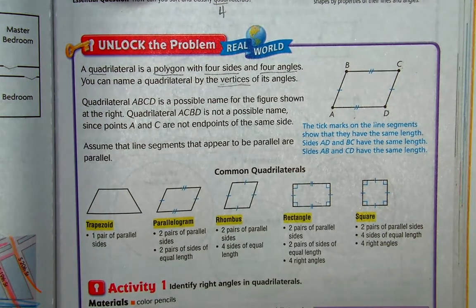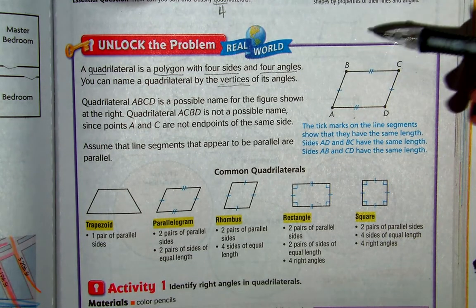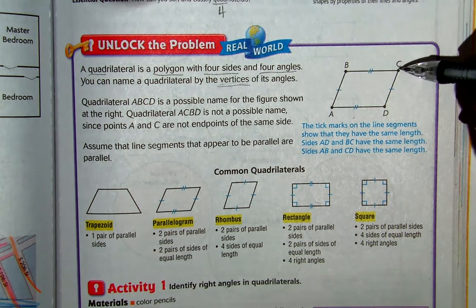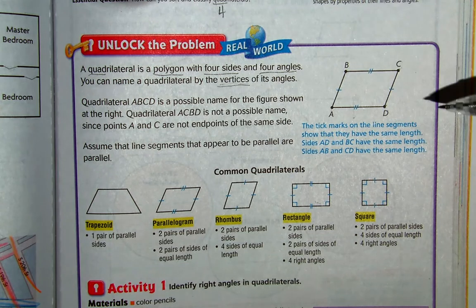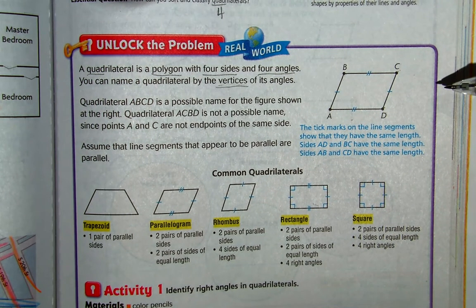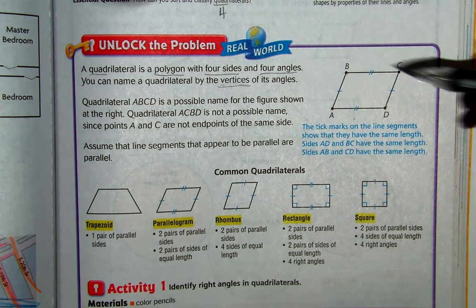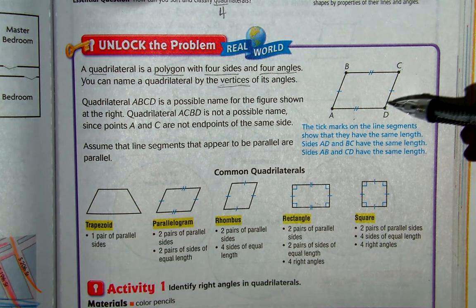Now, vertices is the plural form of the word vertex. So we have vertex A, B, C, and D here, and all together they're called vertices. And so a quadrilateral has four sides and four angles, and the way that we name it is by its vertices. Now, quadrilateral ABCD is a possible name for the figure shown right here that we're pointing at.